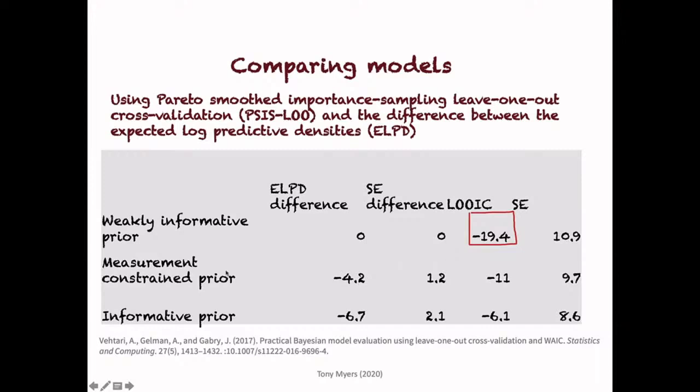It looks like the measurement constraint model is not quite as good on the leave one out cross-validation as it was with the Bayes factor, so there are some differences. These look like the best models anyway. Clearly, the informative prior didn't come out very well in either model comparison method.